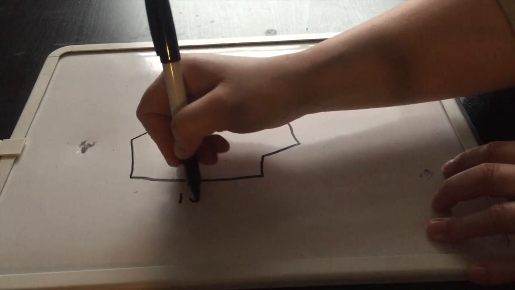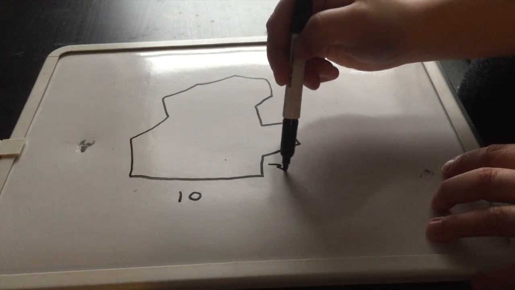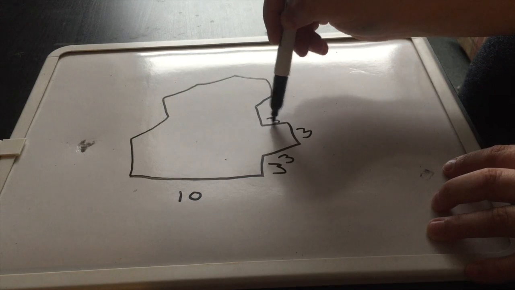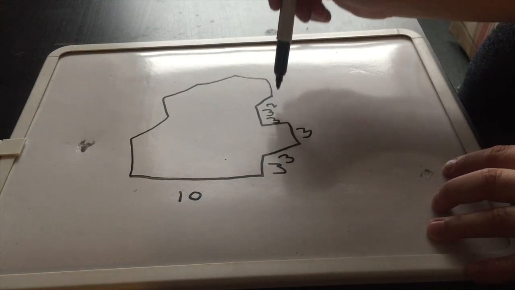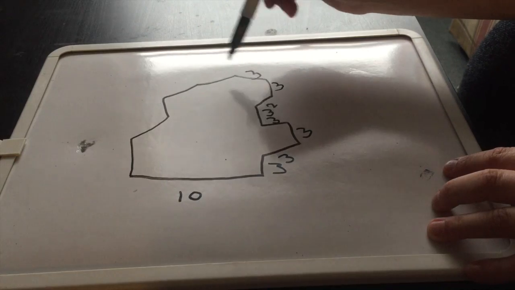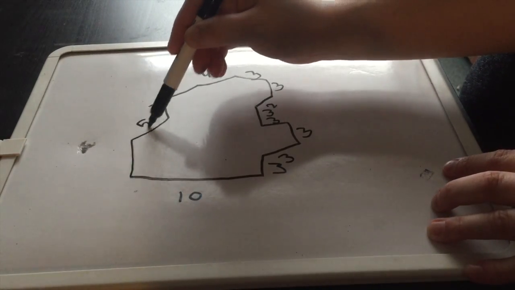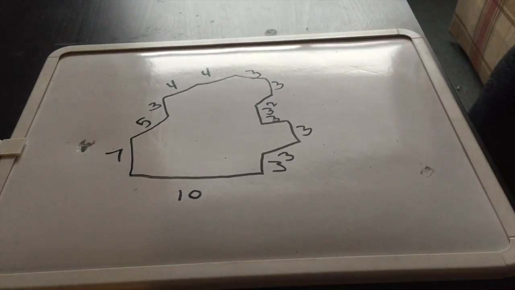Let's label it 10, 3, 3, 3, 3, 3, 2, 3, 3, 4, 4, 3, 5, and 7. Of course, I just made those up, but it could still be easy.